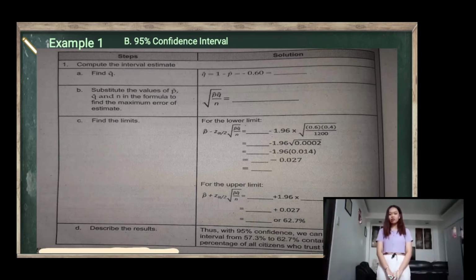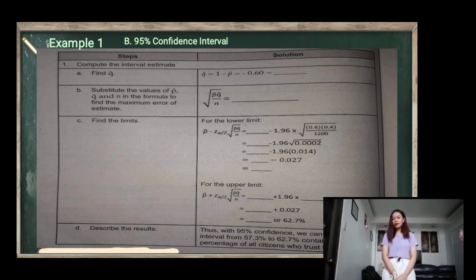We keep the negative 1.96 for now. 0.6 times 0.4 is equal to 0.24, divided by 1,200 is equal to 0.002. We always keep the negative 1.96 until we get the answer. Next, we get the square root of 0.002.